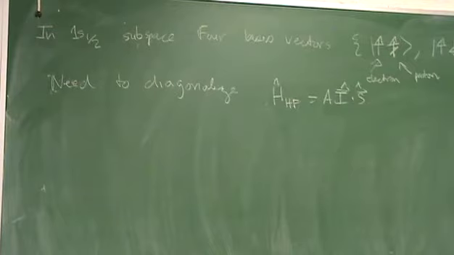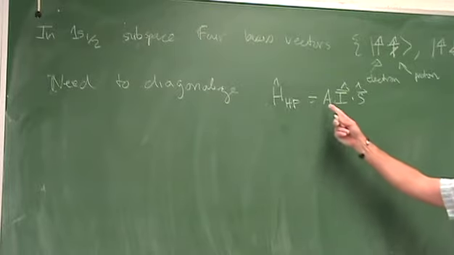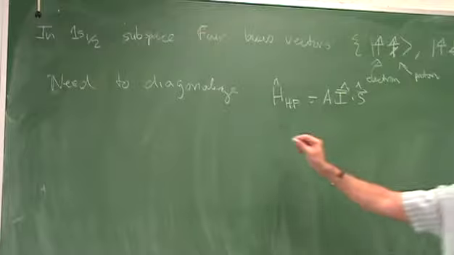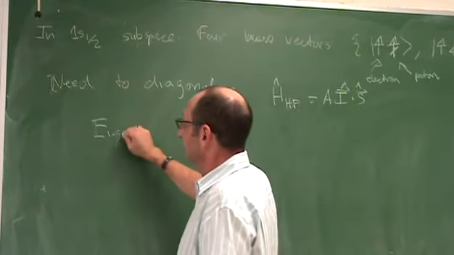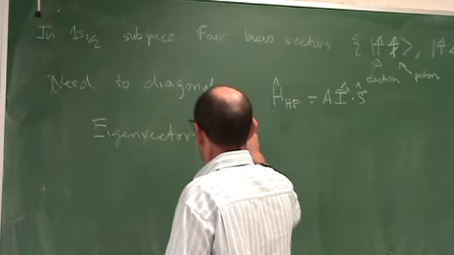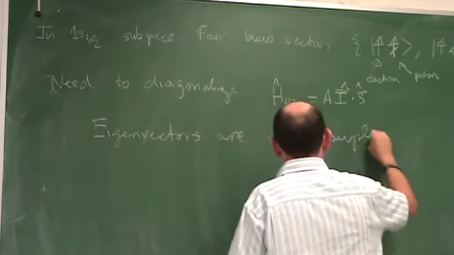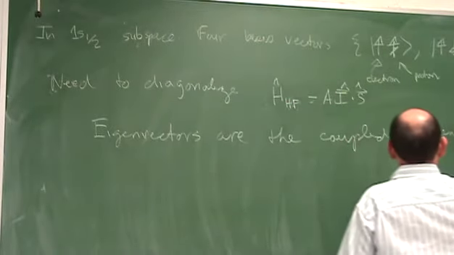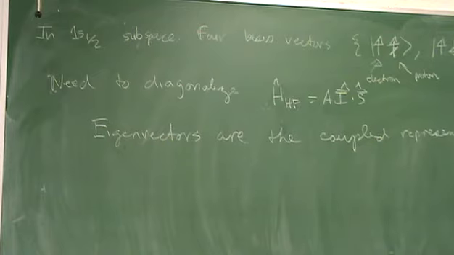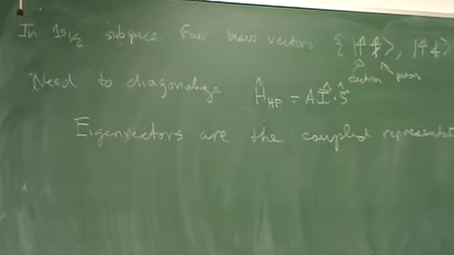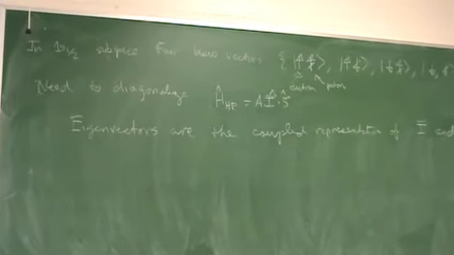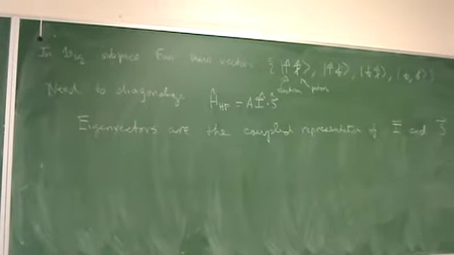But we shouldn't do that, because in the same way that we had the L dot S interaction, which we were able to diagonalize, now we have an I dot S interaction, which we could diagonalize by going to the coupled representation, just like we had with L and S.